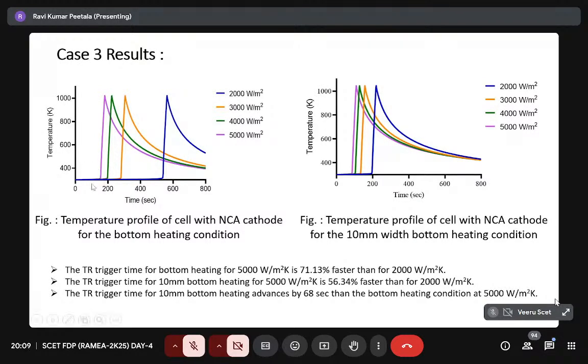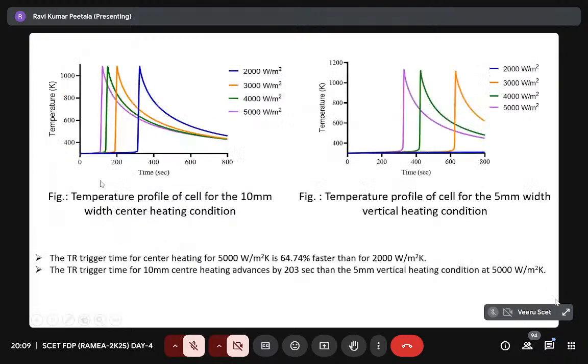The thermal runaway starts below 200 seconds, maybe 180 seconds. The thermal runaway is observed in between these two. Similarly, at the 5 mm width, vertical heating is happening. So here is the vertical heating condition.